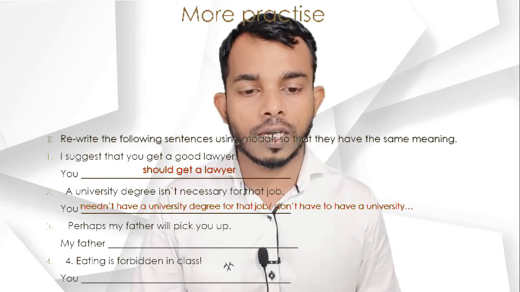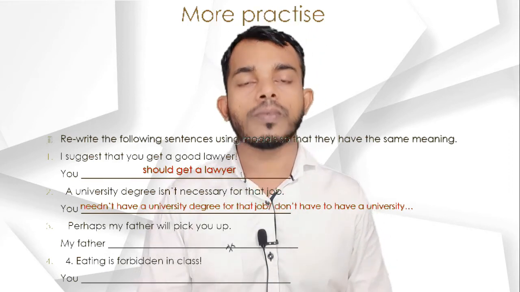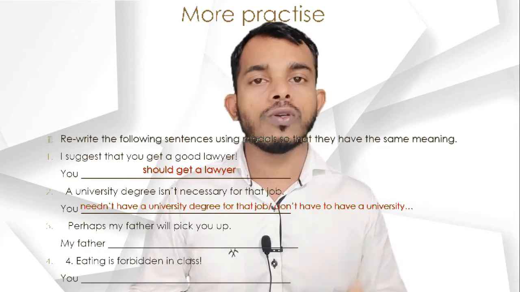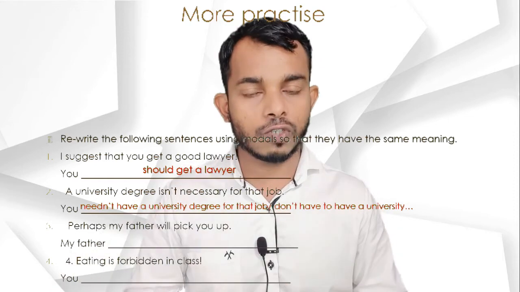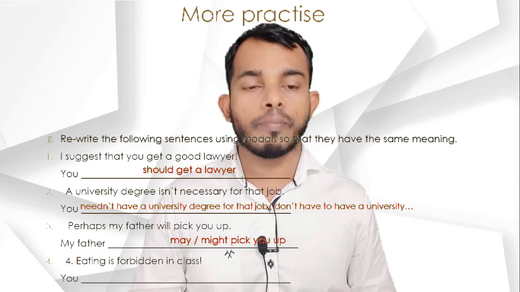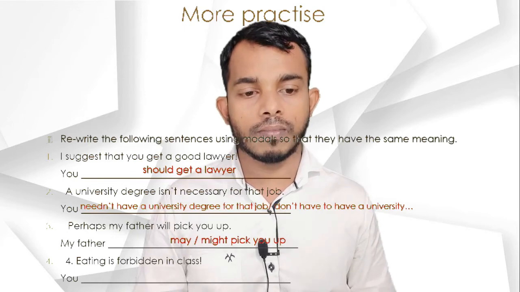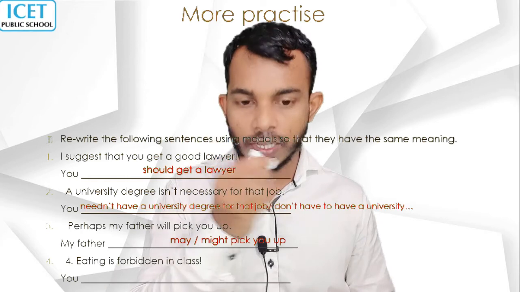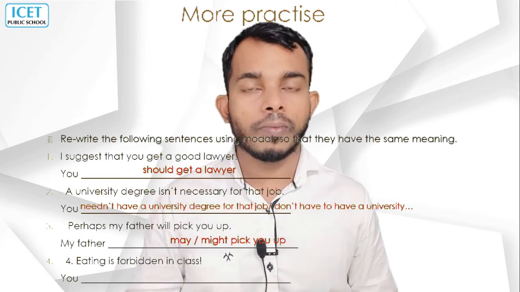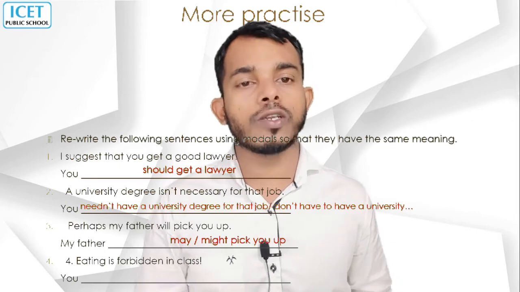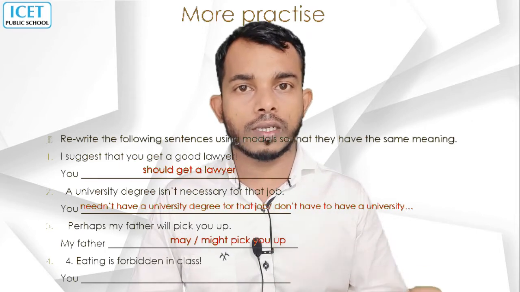Perhaps my father will pick you up. So you can start the sentence: my father dash. How do you rewrite the sentence using a modal auxiliary? Like this: my father may or might pick you up, showing the probability.